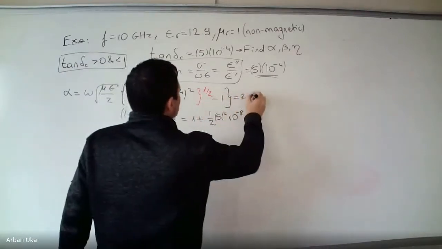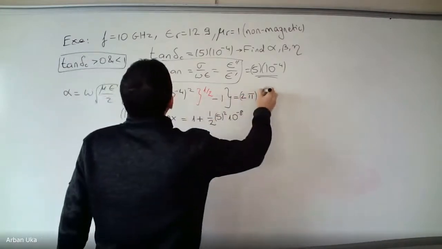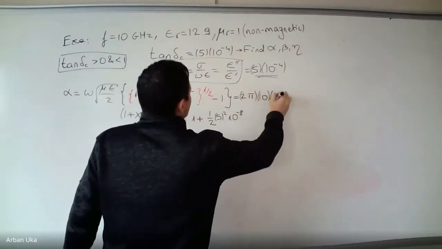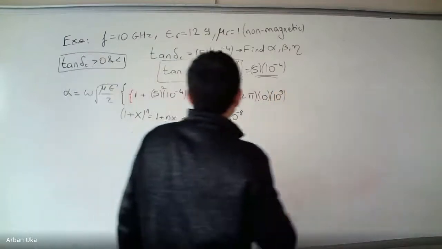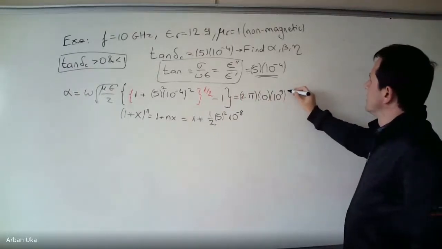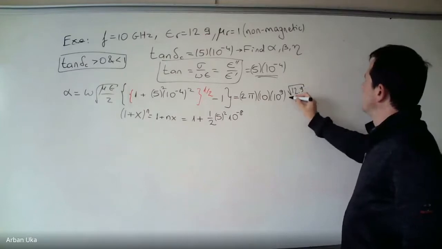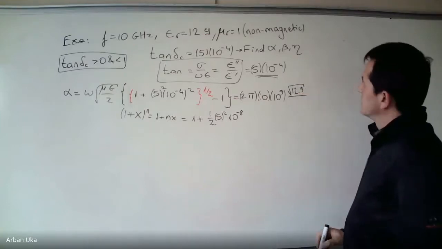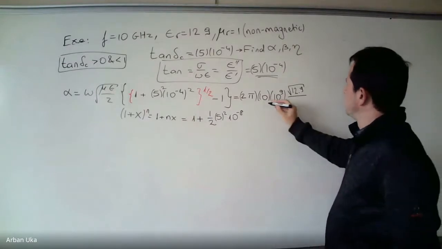omega is 2 pi times 10 times 10 to the power 9, so this is omega, times permeability. And again, we are left with square root of 12.9 divided by 2.